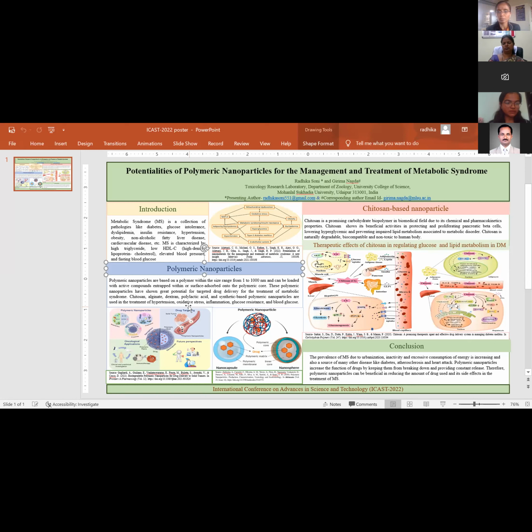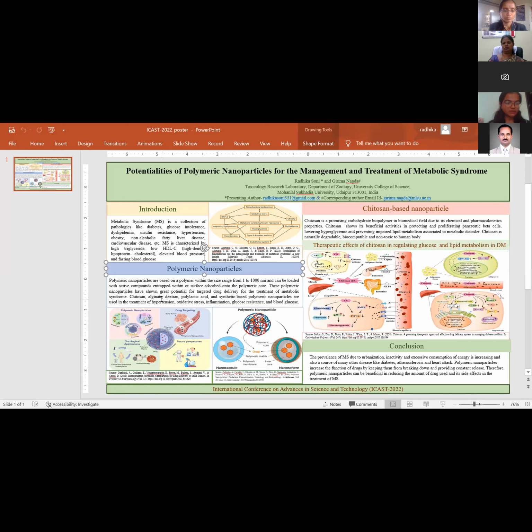Firstly, nanocapsule. In nanocapsules, a drug is loaded inside the polymeric shell and released when required. In nanosphere, the drug can be absorbed inside or adsorbed onto the surface of the polymeric core.